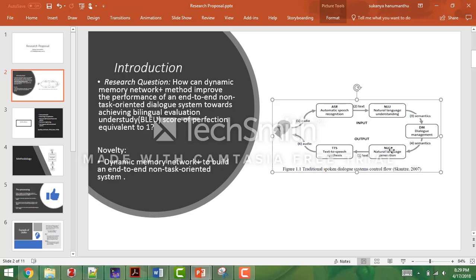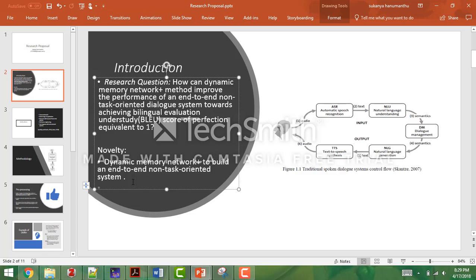This does not happen in end-to-end systems. You just give the input and the output automatically gets produced without having all these independent modules that require a lot of handcrafting.